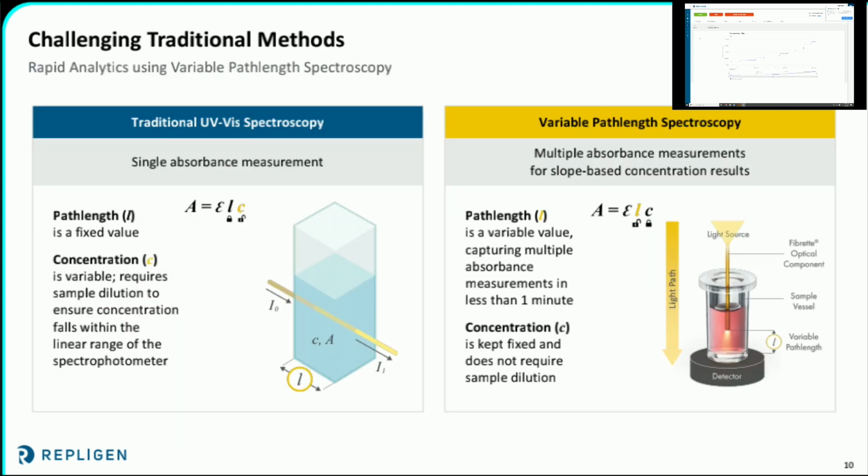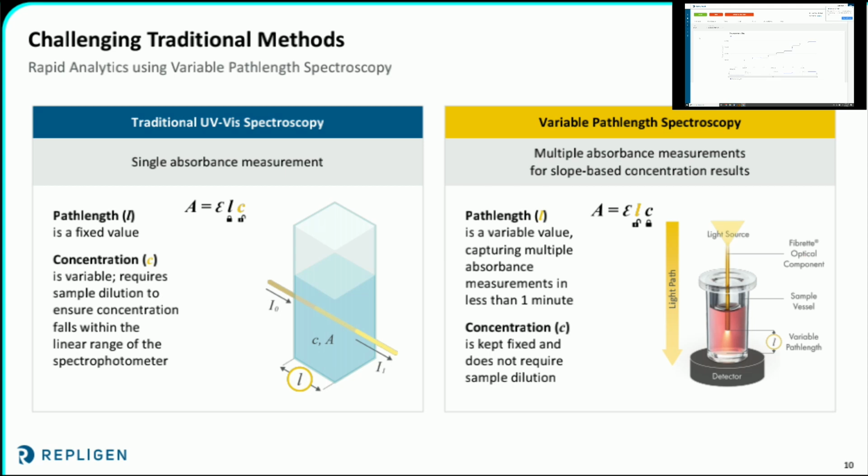So what is slope spectroscopy or variable path length spectroscopy? This slide highlights it very well, where on the left you've got traditional UV-vis spectroscopy, and on your right you've got variable path length. Traditional UV-vis spectroscopy, which most people are used to, obeys the Beer-Lambert law, where absorbance equals extinction coefficient times path length times concentration.